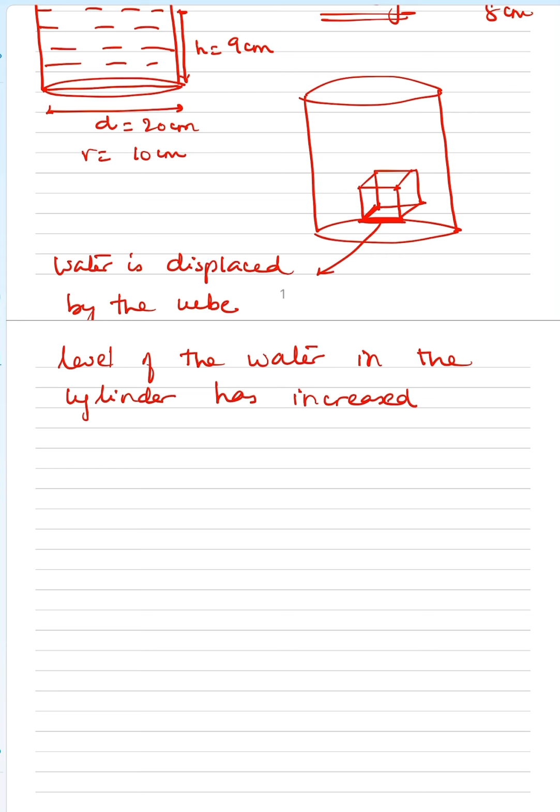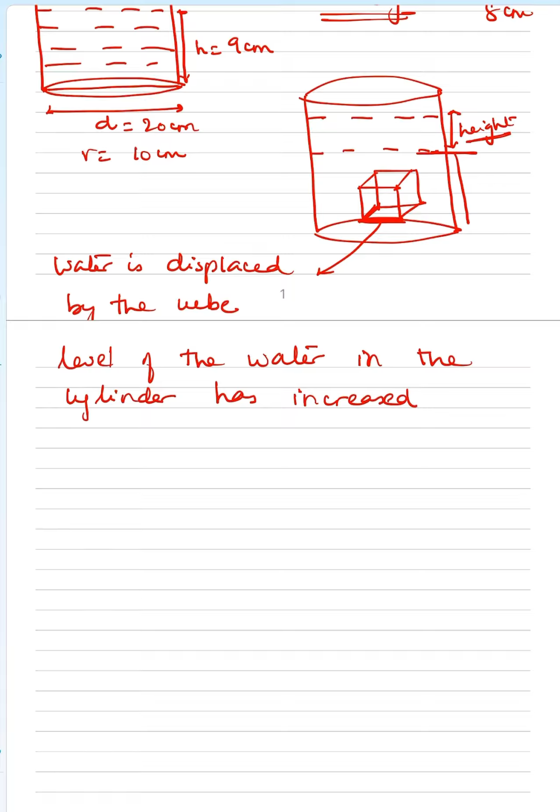Beforehand the water was over here. Now it is over here. Suppose this was H till here. We have to find this height, that is the increase in the level of the water.